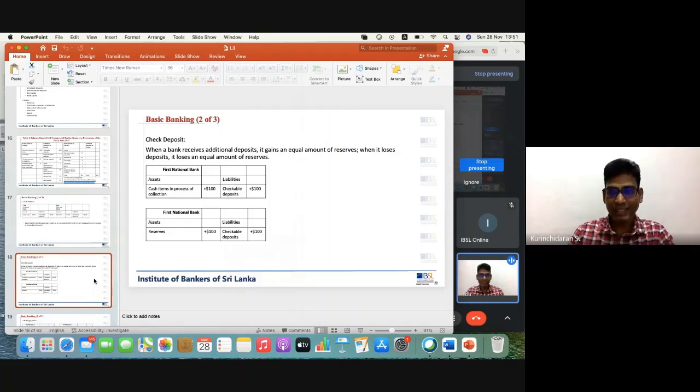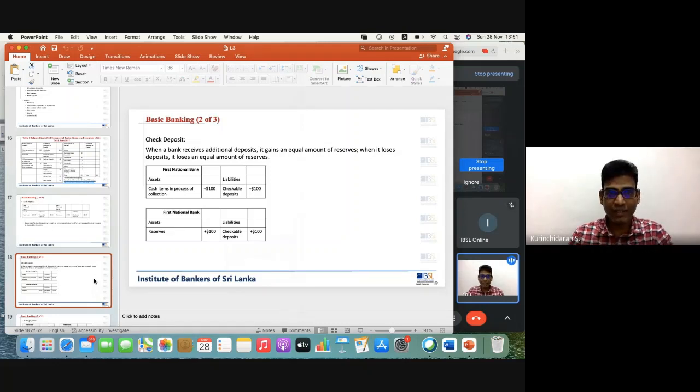Then automatically that will go to clearing, and then your reserve account would be debited. From the central bank's point of view that's credited, but from the banker's point of view, that's reserves.